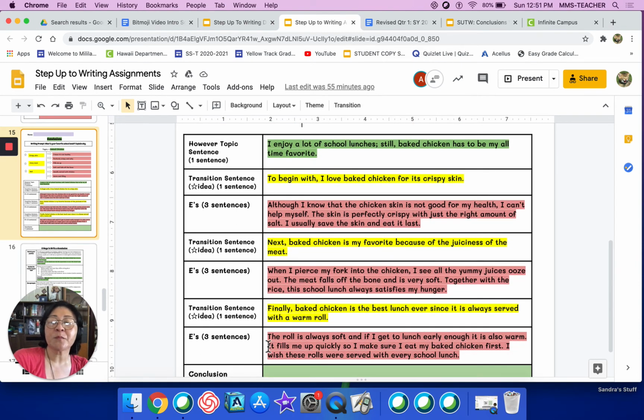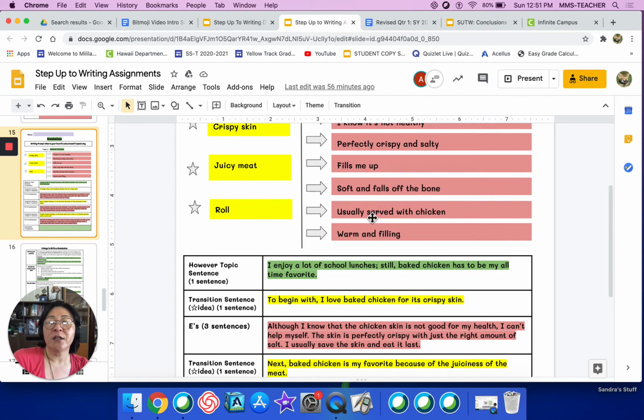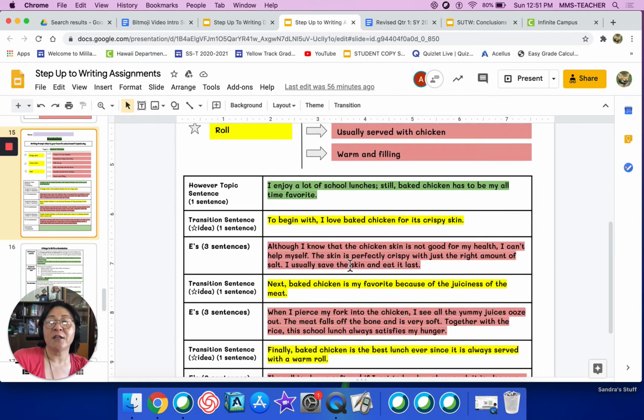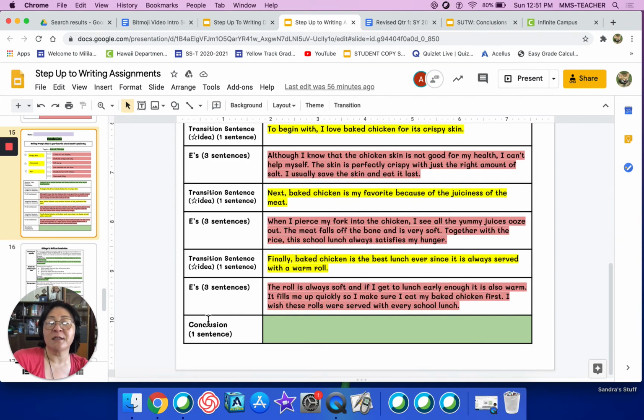So the roll is always soft, and if I get to lunch early enough, it is also warm. It fills me up quickly, so I make sure I eat my baked chicken first. I wish these rolls were served with every school lunch.